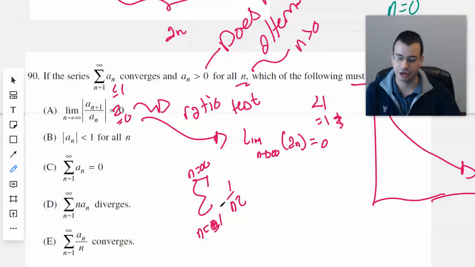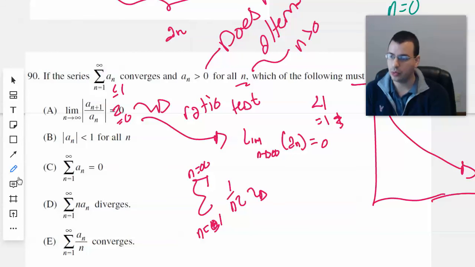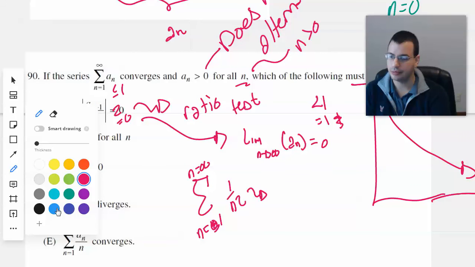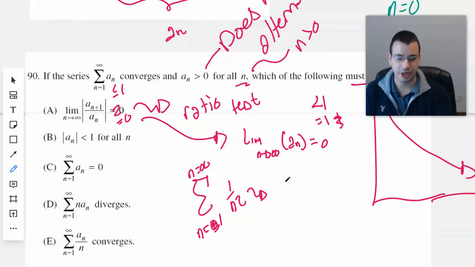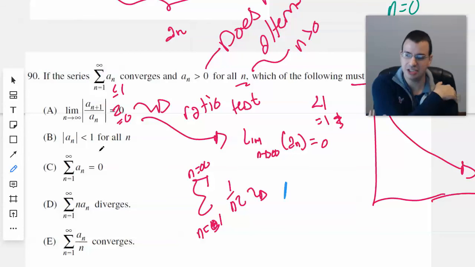Universe ends. For this, the first term is going to be 1. And so you can have terms that are greater than 1 and still converge. So no, for all n, not necessarily true.